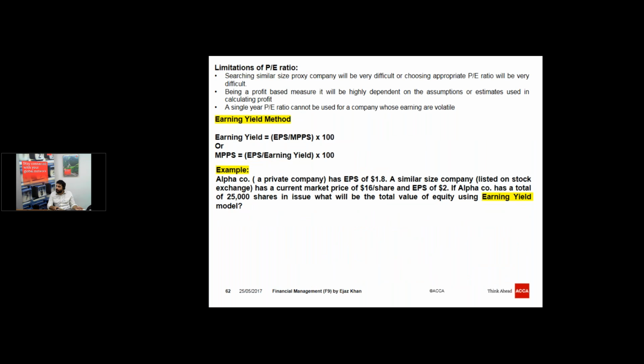So let's move forward. What are the limitations of the price earning ratio? Sir, so is the value of the private company 7.2 into? Yes, the minimum value will be 7.2 into 25,000, and the maximum will usually be 9.6 multiplied by 25,000. So what to choose? I've told you that in descriptive type questions, up to you.